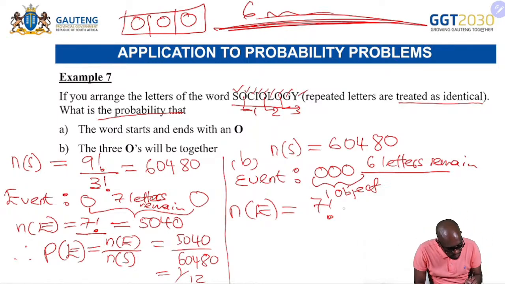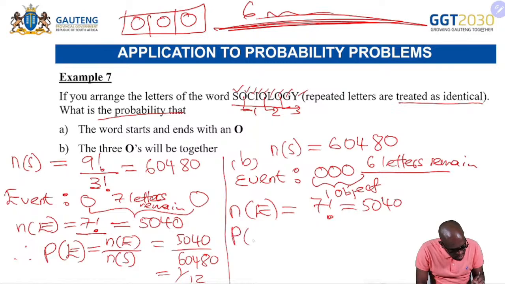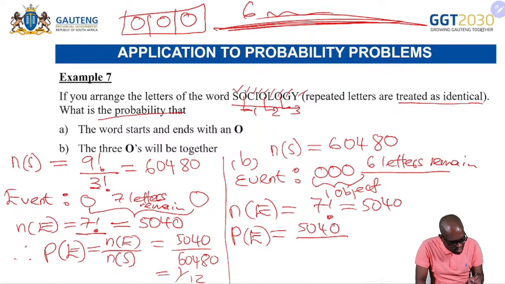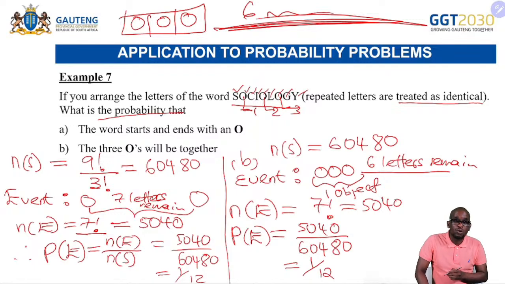So this can only be done in 7 factorial ways. 7 factorial is 5040. So the probability of an event E occurring will be the number of elements in the event, that is 5040, divided by the number of elements in the sample space, that is 60480. This simplifies to 1 over 12. So that is how you work out this probability.